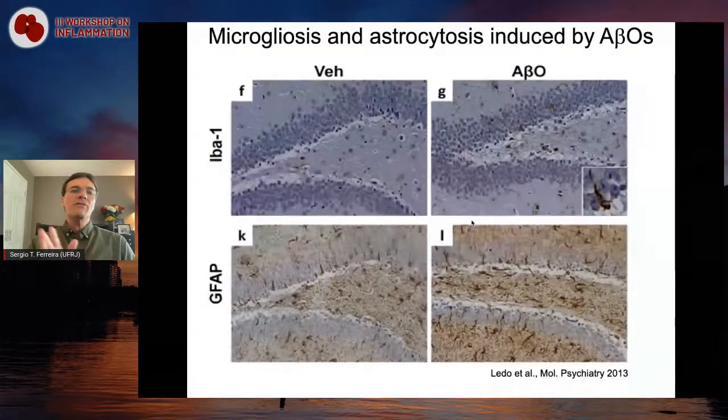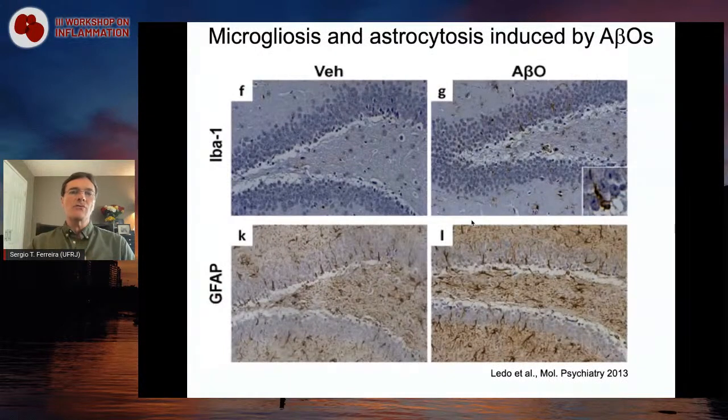So I would briefly show you some examples of our own findings of how brain inflammation occurs in Alzheimer's and how that's connected to the accumulation of these toxins, A-beta oligomers, that accumulate in the Alzheimer brain. So here are some immunohistochemical analyses of IBA1 positive cells and GFAP positive cells in the brains of mice that received an intracerebroventricular infusion of A-beta oligomers.